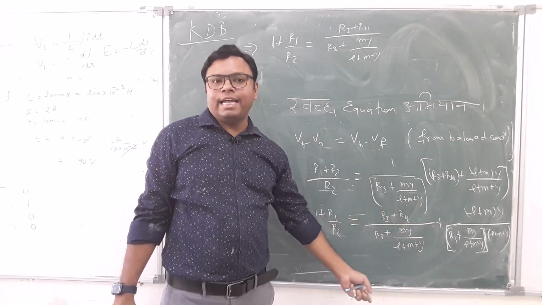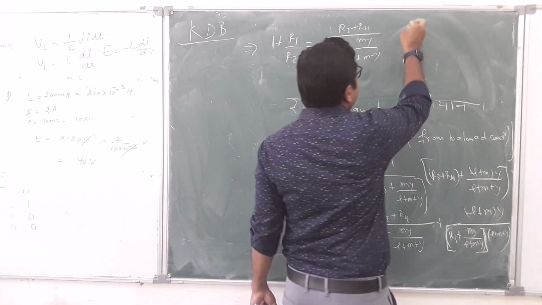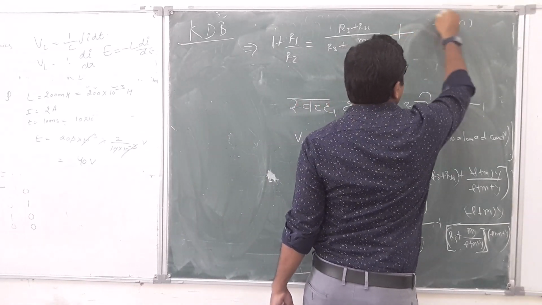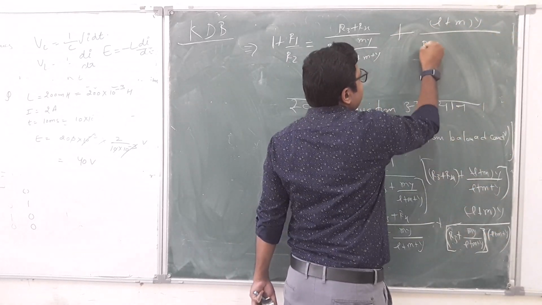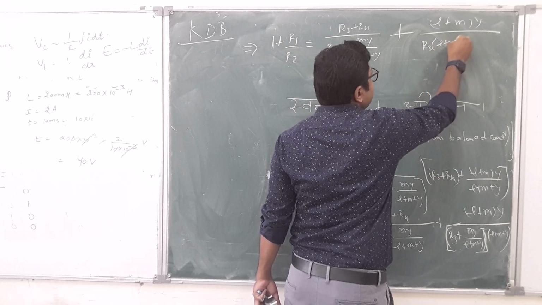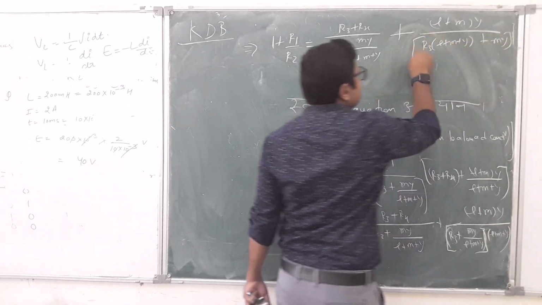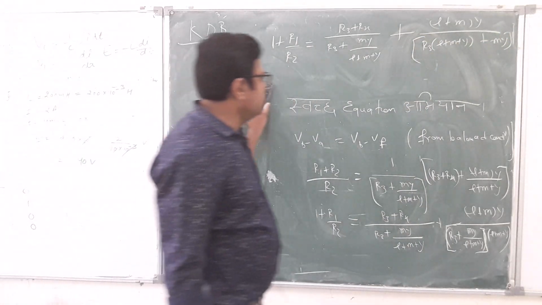So I am leaving it here as it is. I am solving first that. So that will be plus L plus M into Y. Now when it gets multiplied, it will come like this: R3(L plus M plus Y) plus My. Is it okay? It will come like this.